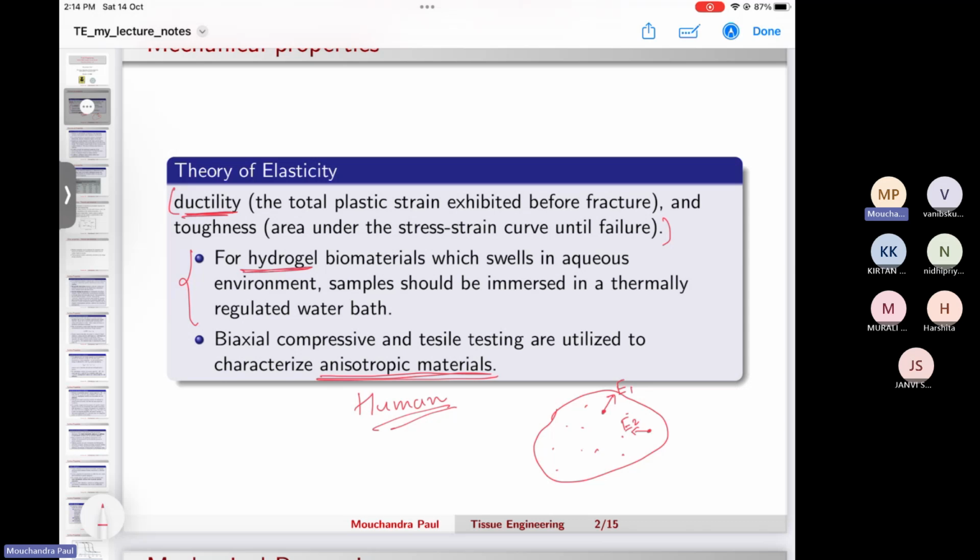So for these kinds of material, depending on in what direction you are measuring, the value of the property changes. That is called anisotropic. That is why people do biaxial testing, applying load in this direction as well as in this direction. In multiple directions they apply load, either compressive or tensile stretching load, for characterizing these anisotropic materials.